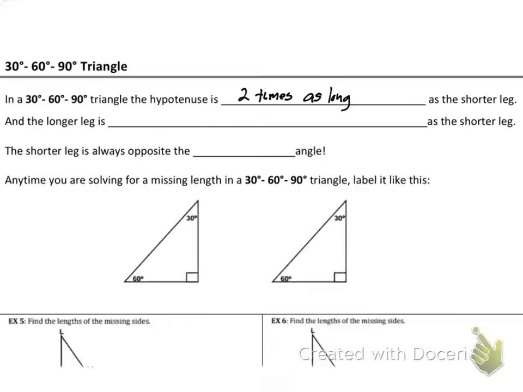So if I have 30 degrees, 30 degrees is my smallest angle, so it goes across to the shortest side. Which means 60 degrees is my second biggest, which is going to be my longest leg, right? My longest side is always my hypotenuse, but this is going to be my longest leg. So my longer leg, and this is going to be my hypotenuse.